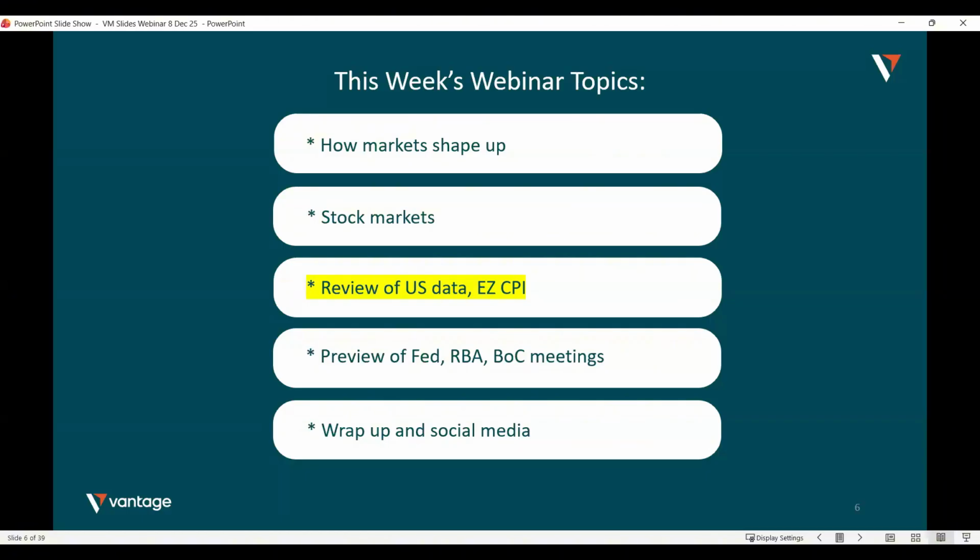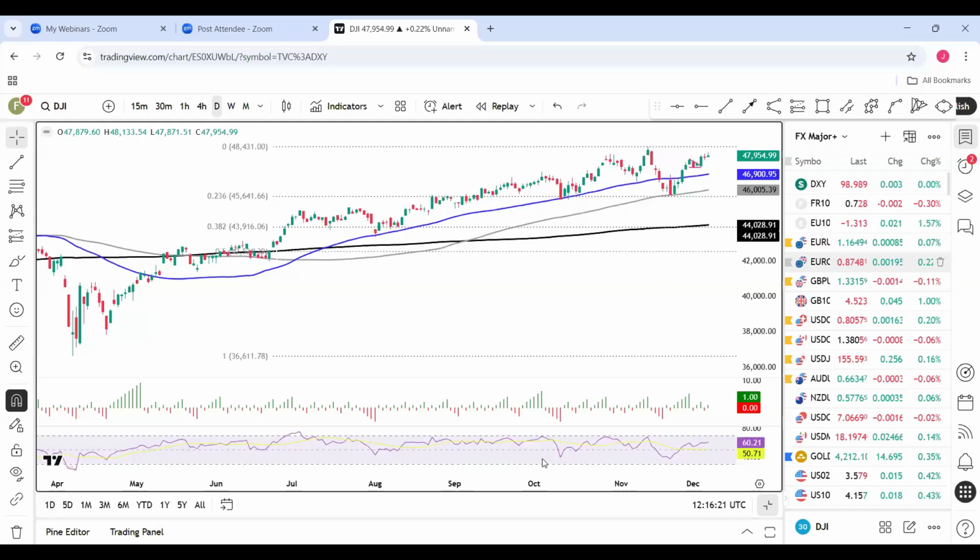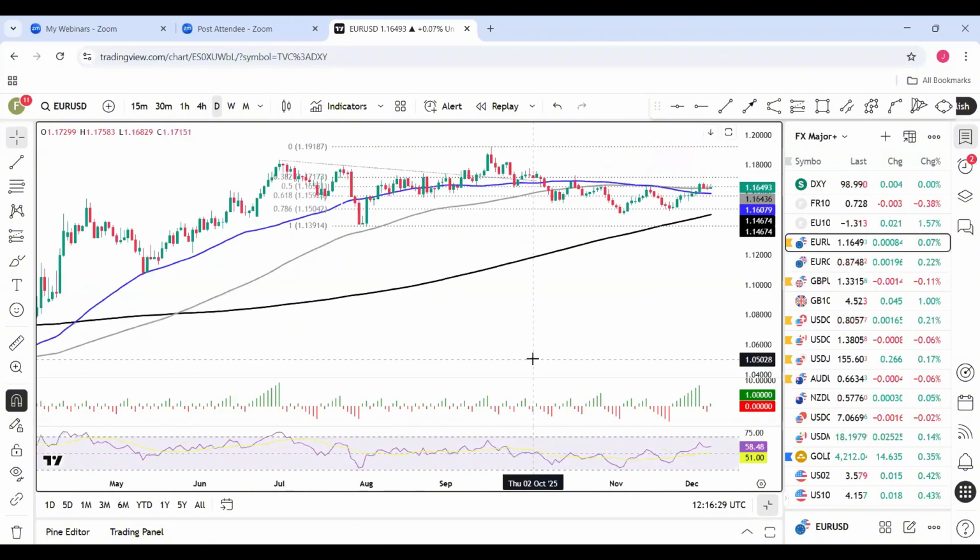Just quickly, otherwise, we did get Eurozone inflation data, and we'll go to a chart actually. Let's go to the euro dollar, which I'll just pull up here. Just briefly, November inflation data out of the Eurozone came in slightly higher than expected, 2.2% versus consensus expectations of 2.1, and from 2.1 in the previous print.